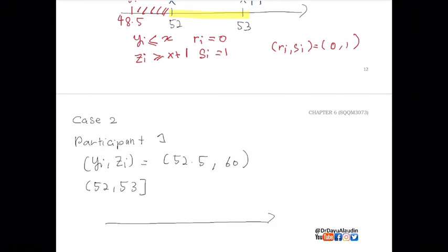So if we draw the timeline, the interval estimate is still 52 and 53. So this is x, this is x plus 1. So this is the interval estimate. And the Yi is 52.5, so after the x. And Zi is after x plus 1. So 60 here, 60 is Zi.